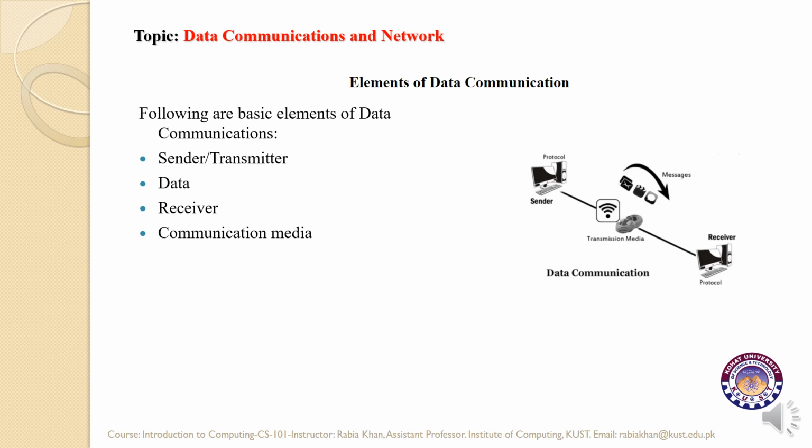Media is actually the physical path between the sender and the receiver in the data communication model. The path can be either wired, such as cables, or unwired, which we also call wireless communication, such as Wi-Fi.